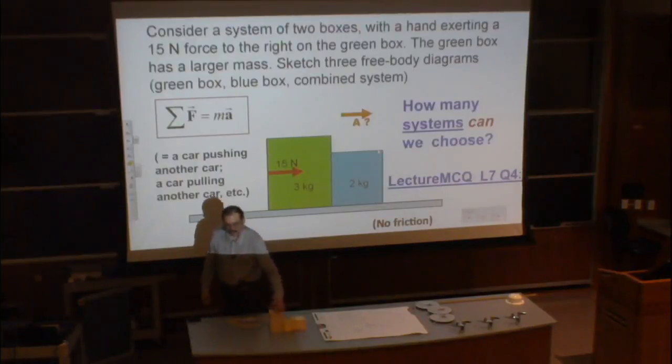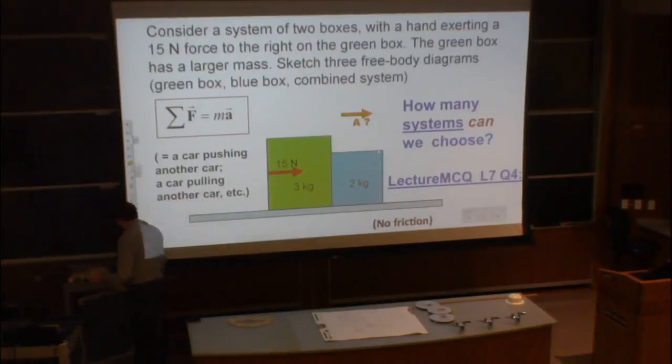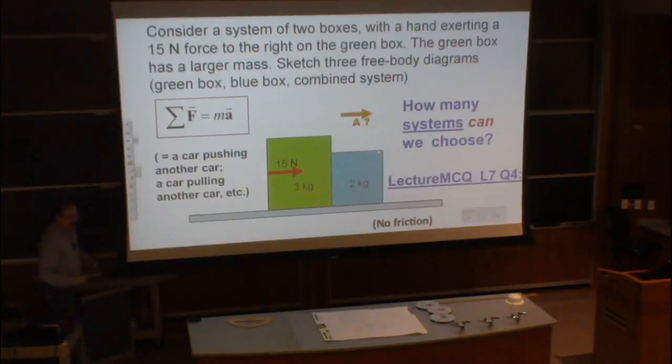If you want to solve a problem related to forces, we have to write Newton's second law. But to write Newton's second law, we have to choose the object for which we're writing that law.